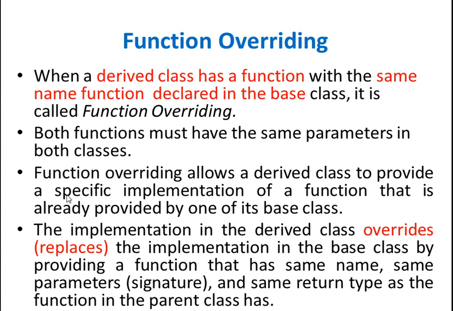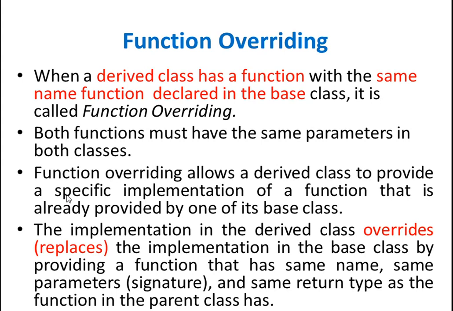When we derive a class from a base class, whatever is declared in the base class can be overridden in the derived class. Both functions must have the same parameters in both classes, meaning the name of the function and the parameters are the same in both the base class as well as the derived class.